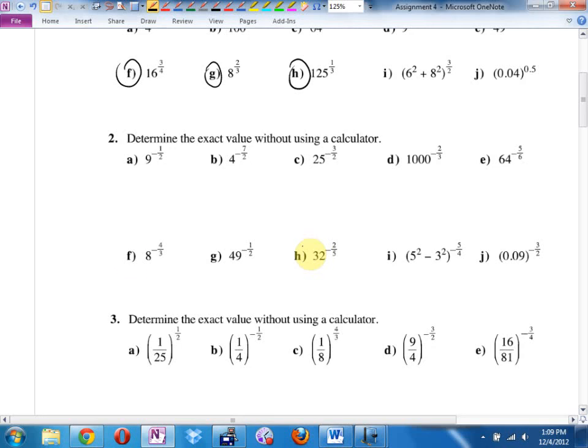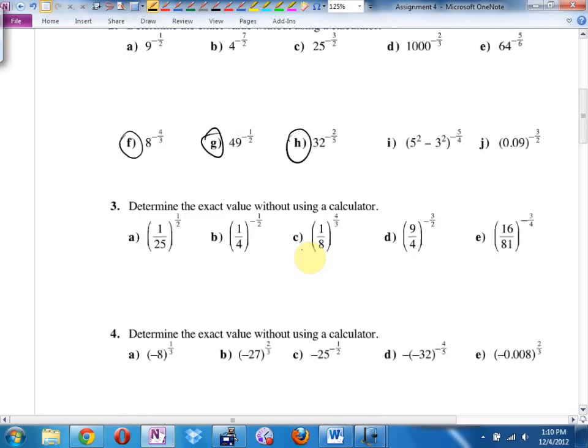I'm going to say, how about F, G and H. Number 3. How about C, D, and E?